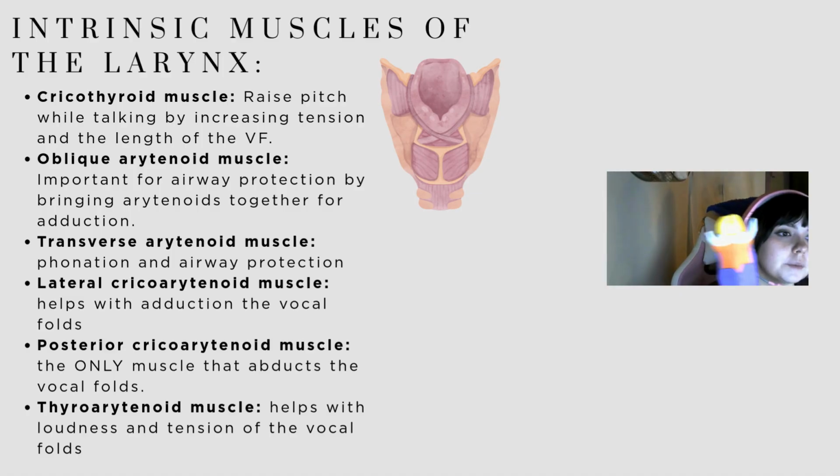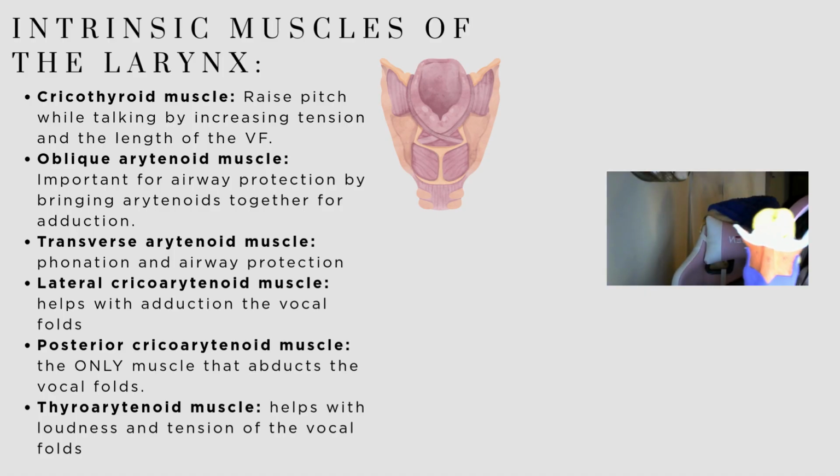Okay, so the intrinsic muscles of the larynx, all of them are external because it would be hard to visualize them if they were internal in the larynx. But the cricothyroid muscle is right here, and this helps raise pitch while talking by increasing the tension and length of the vocal folds.